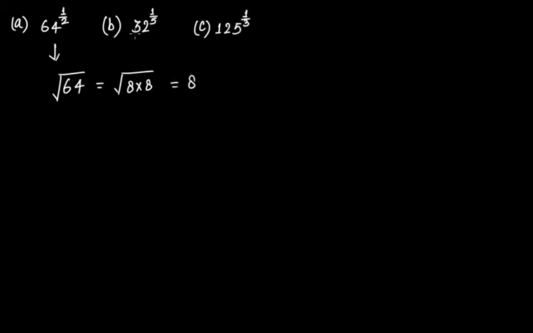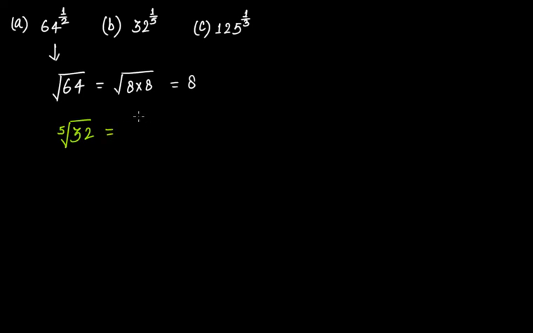Okay. The next is 32 raised to power of 1 by 5. It means that it's talking about the fifth root. 1 by 5 means it's talking about the fifth root. We have discussed all these things in our previous video tutorial.